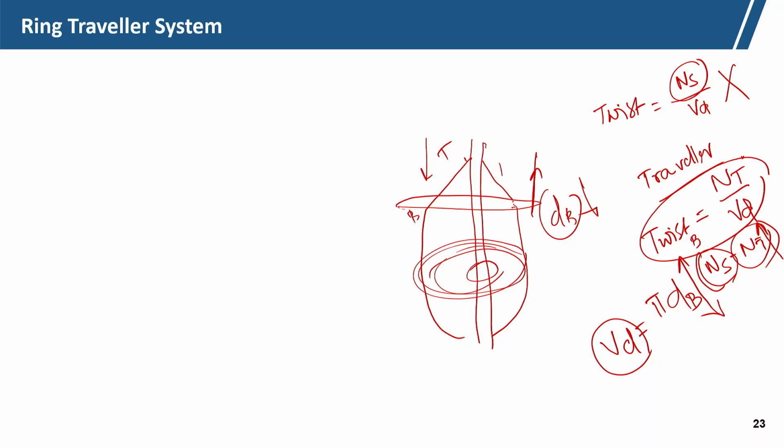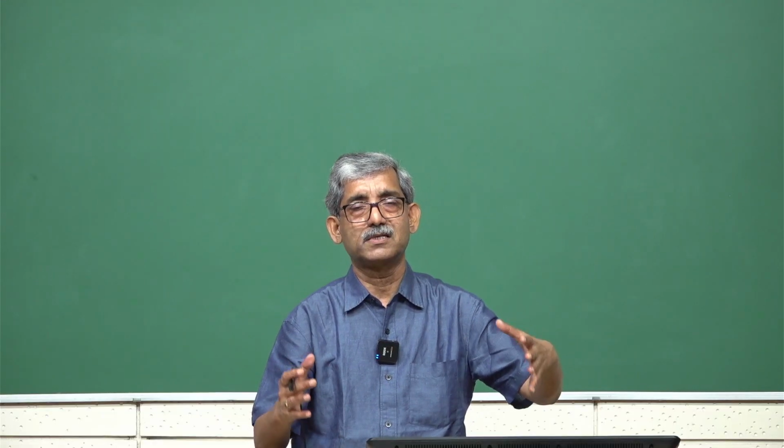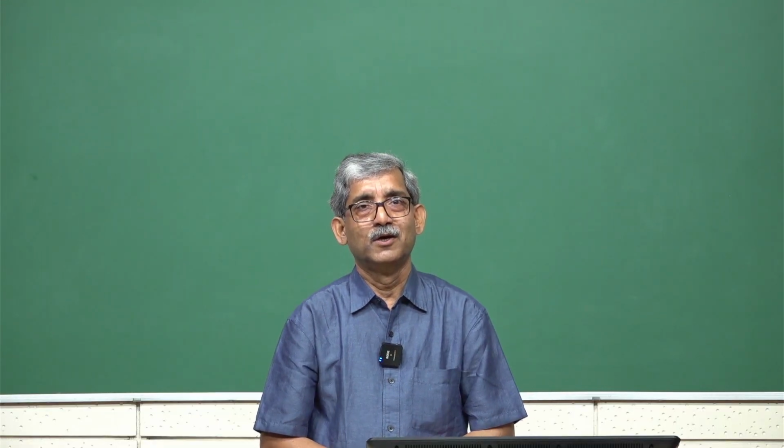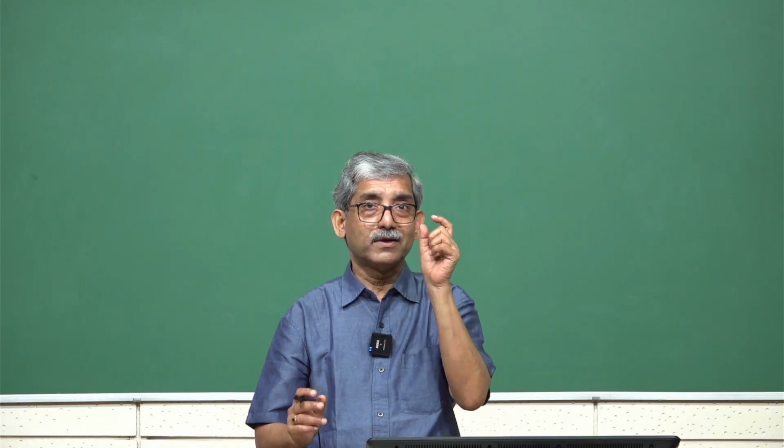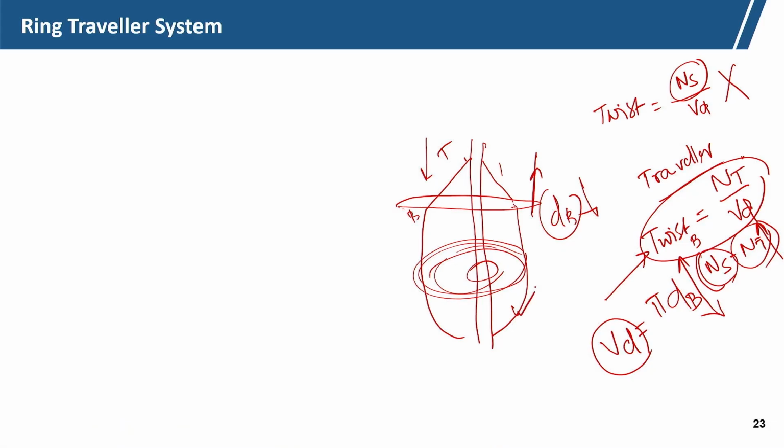This change in NT affects the twist, that means the twist in the yarn package is continuously changing. So, if we try to use this yarn as such, then we will find the twist at different points has a significant difference.